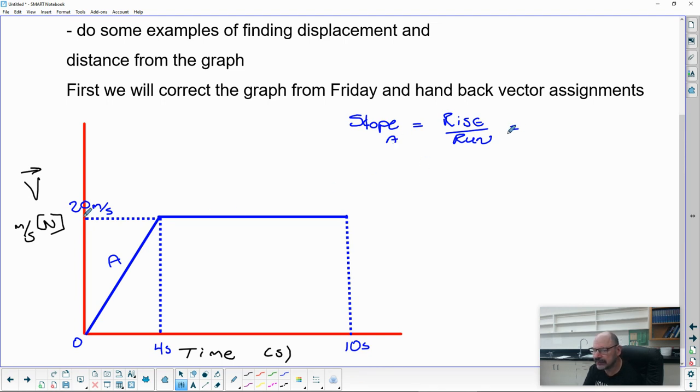So this is just rising up 20 meters a second in 4 seconds. Now you'll notice that the seconds are both on the bottom, so we get 5 meters a second squared. So this is an acceleration unit.